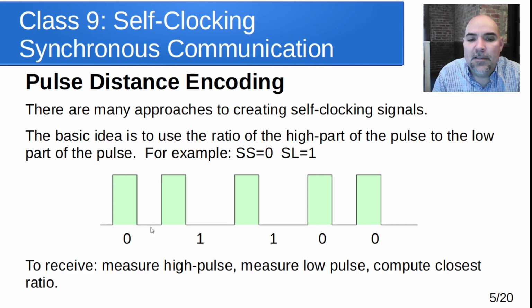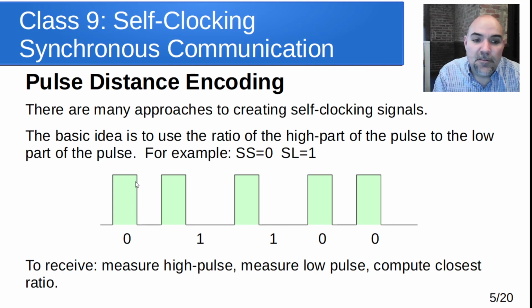The way this encodes the data along with the clock is that if we have a clock pulse and then the low pulse is very close to the same duration, that's a 0 bit. In other words, if the ratio of high to low is about equal, that's a 0. But if I have a high pulse with a long low pulse, I count that as a logic bit 1.